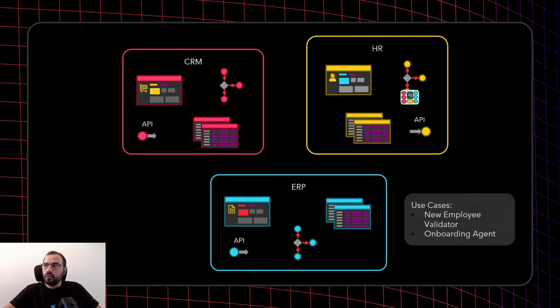But we can also have an agent that is inside a certain process or on the server side in the background logic of the application and performing all sorts of proactive activities. He can be, for example, an employee validator or an onboarding agent here for the HR system.